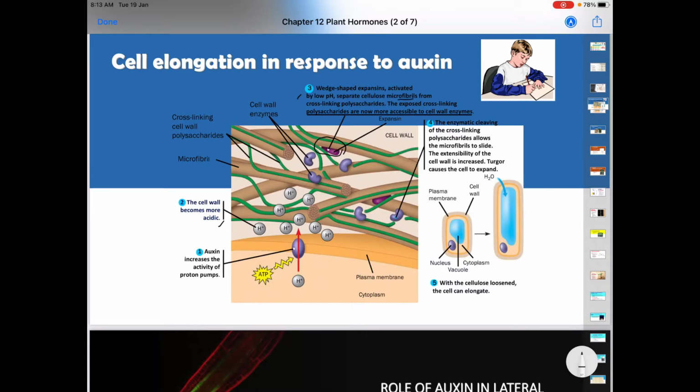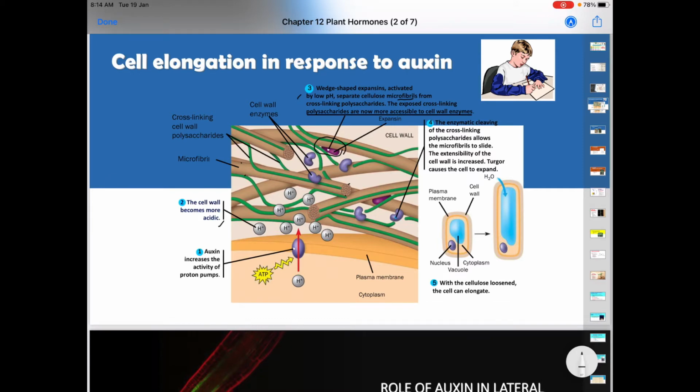This expansin will separate the cellulose microfibril. So this is the microfibril. It will separate the cellulose microfibril from the cross-linking polysaccharides. The microfibril is linked by polysaccharide.